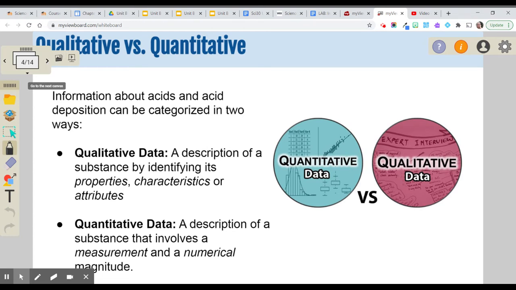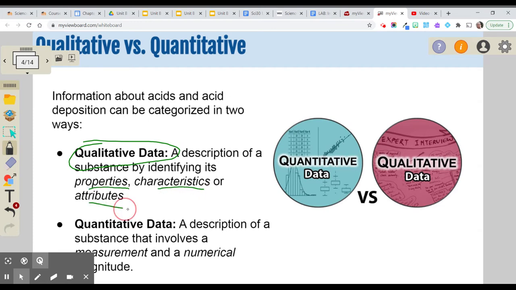So first off, let's just define those two terms, qualitative and quantitative, if it had been a while since you've seen those two terms. Qualitative, I always think of quality when I see that word. So qualitative is like the quality of the substance. So it's the characteristics. So we're talking properties, characteristics, or attributes, right?